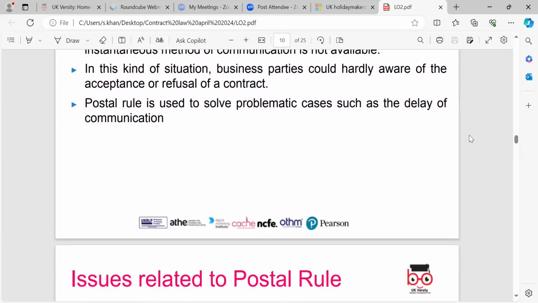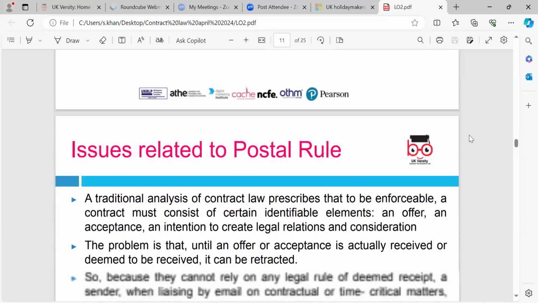For example, imagine that you are in a Zoom call with an unreliable internet connection. If you tell the other party that you accept the offer, but the internet drops out, you will only have a valid contract when the communication actually reaches the party.